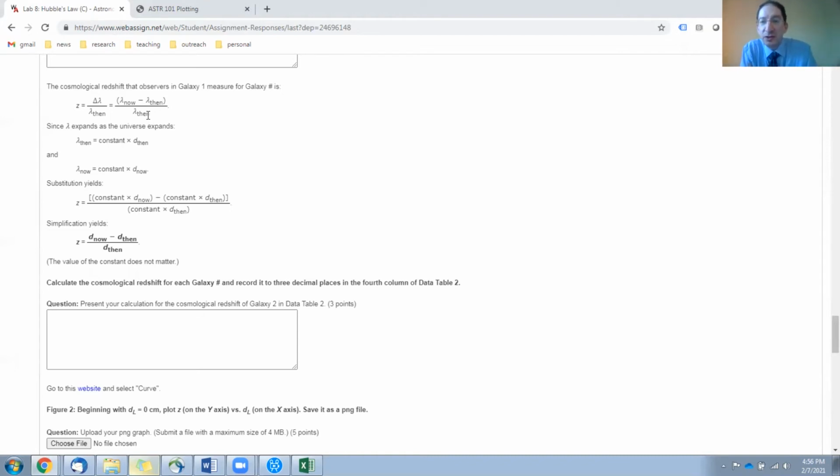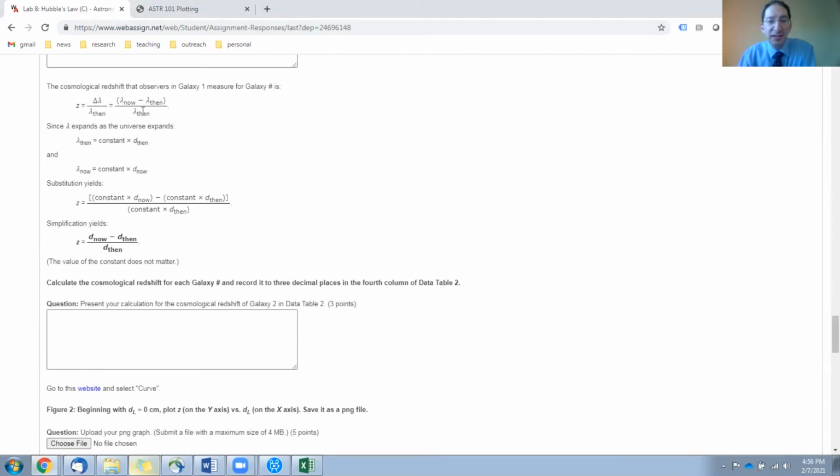In other words, wavelength is proportional to these distances that we're talking about. Wavelength then is proportional to distance then. Wavelength now is proportional to distance now, where proportional means equals some constant times the distance.